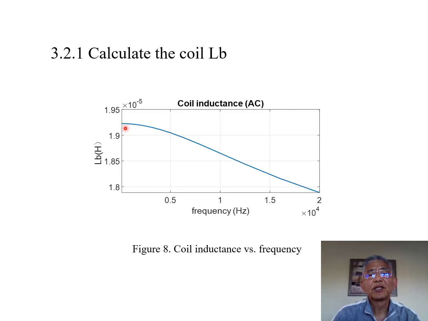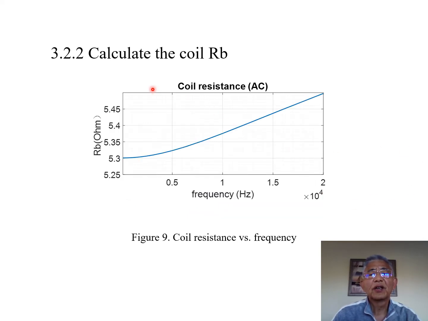This is the FEA result, coil inductance versus frequency from 200 Hz to 10 kHz. This is the FEA result of coil resistance over the frequency range, 200 Hz to 10 kHz.